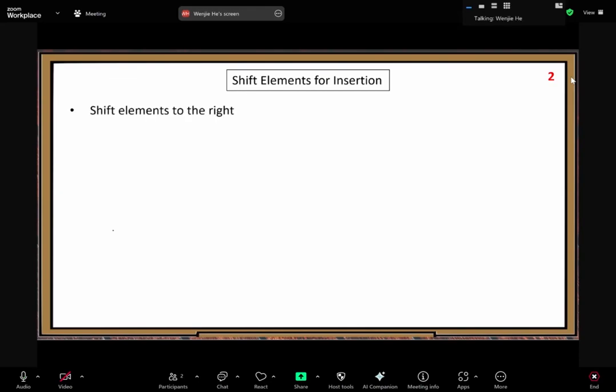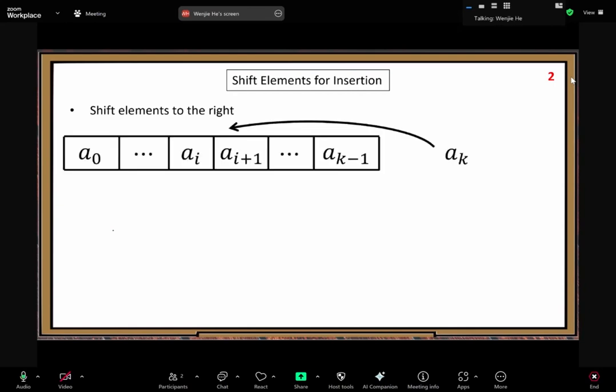All right, so why we say shifting elements to the right, we need to do this type of operation. Let's look at the diagram. For a typical diagram like this.